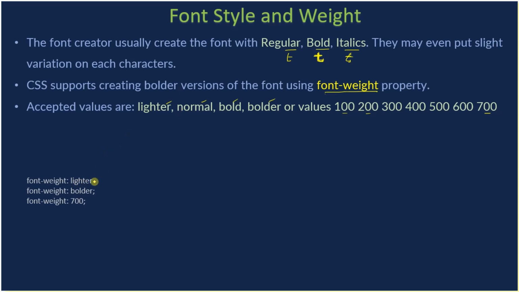That means it will not be bold, and it will look lighter. Then we have bolder for the same font to appear thicker, or we can specify that in terms of the unit. So 100 means it will be very light, and 900 means it is thick, or it will be bold. So the lightness to bold will go like this based on the values here.